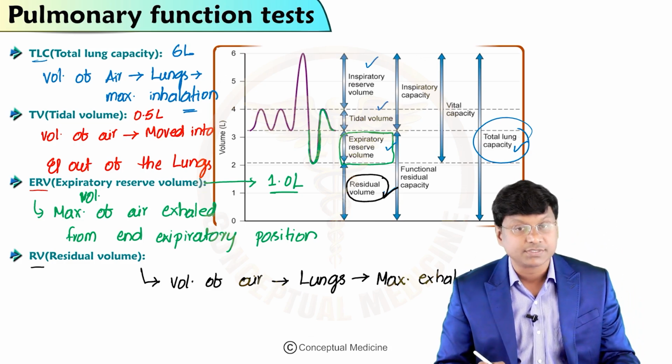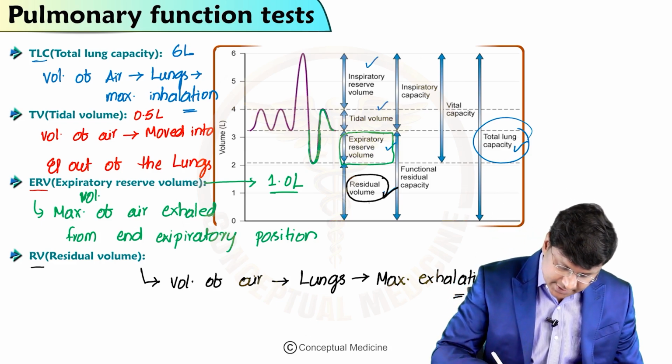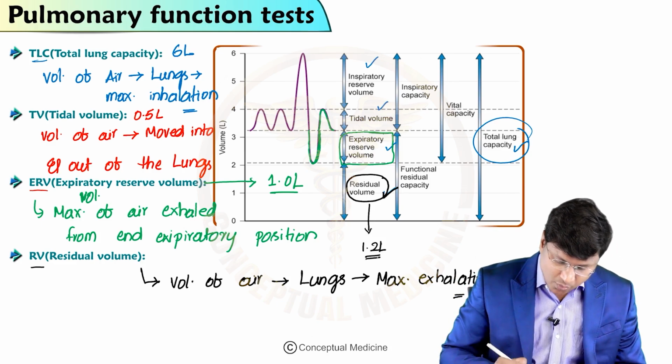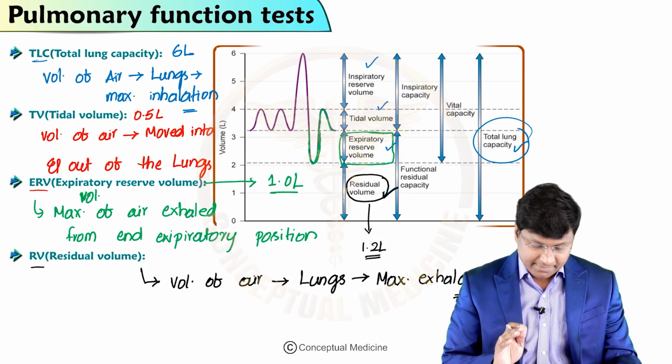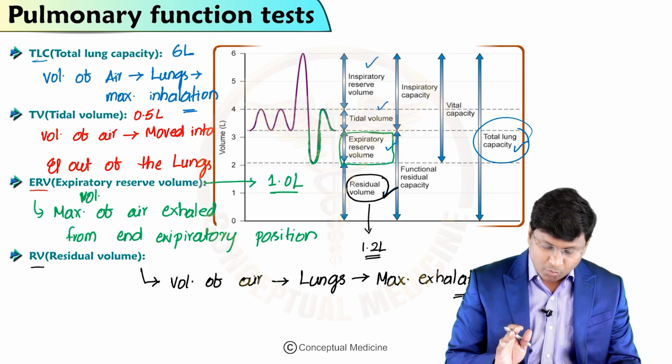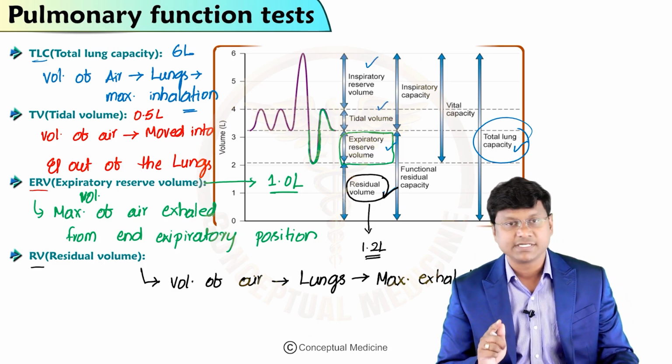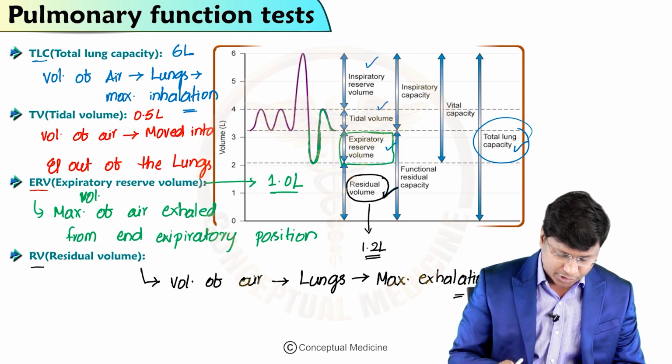That is what is called as the residual volume. And how much is the normal residual volume? This will be a very important multiple choice question. That is around 1.2 liters. That is the maximum volume of air that is remaining within the lung after the maximal exhalation, which is nothing but residual volume.